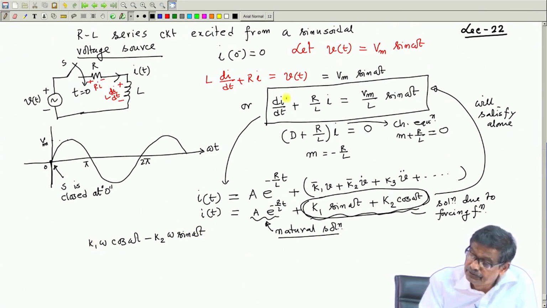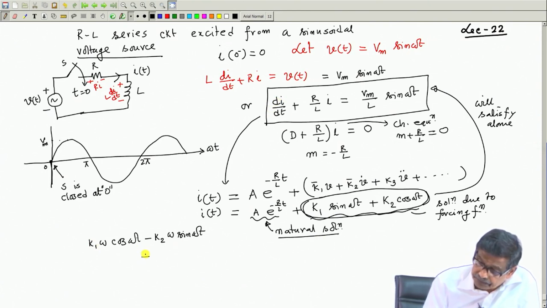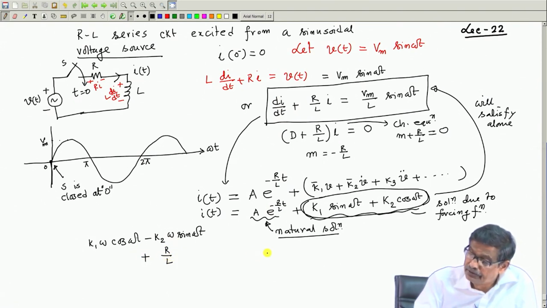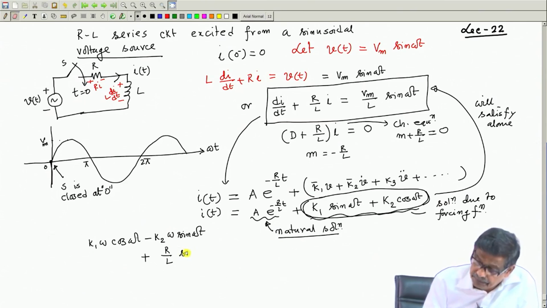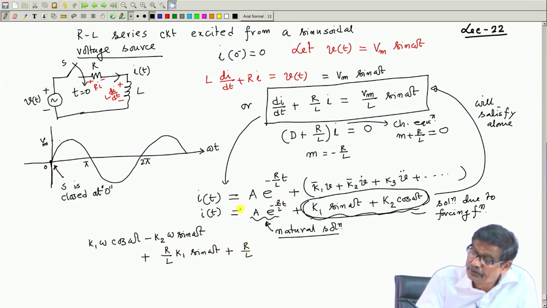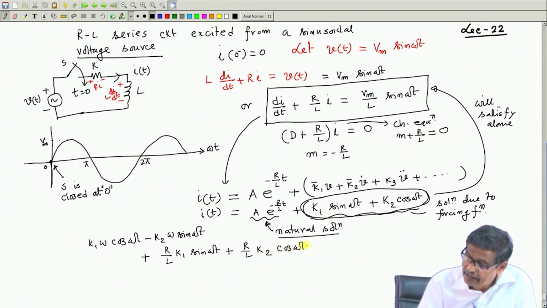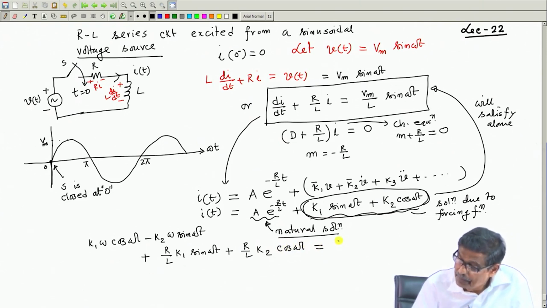So, this gives you dI/dt plus R by L into the current due to the forcing function, which will be equal to k1 omega cos omega t minus k2 omega sin omega t, plus R by L, because R by L is common, into k1 sin omega t plus R by L into k2 cos omega t, and I am telling this will be equal to Vm by L sin omega t.